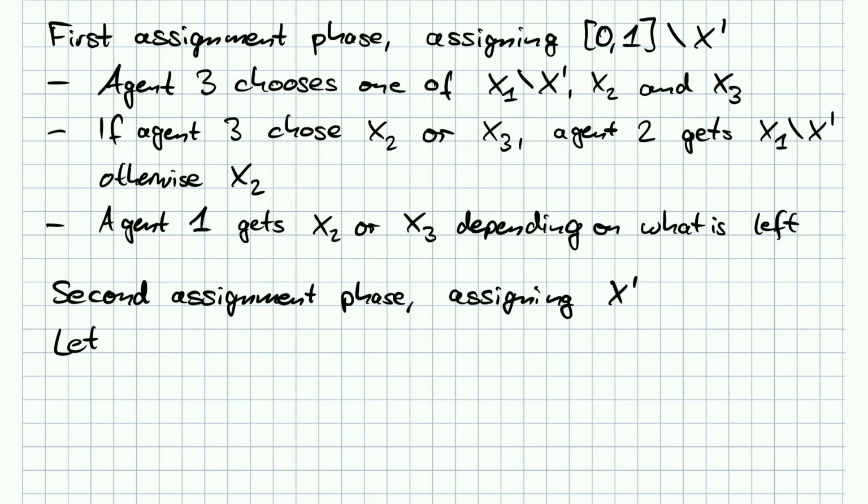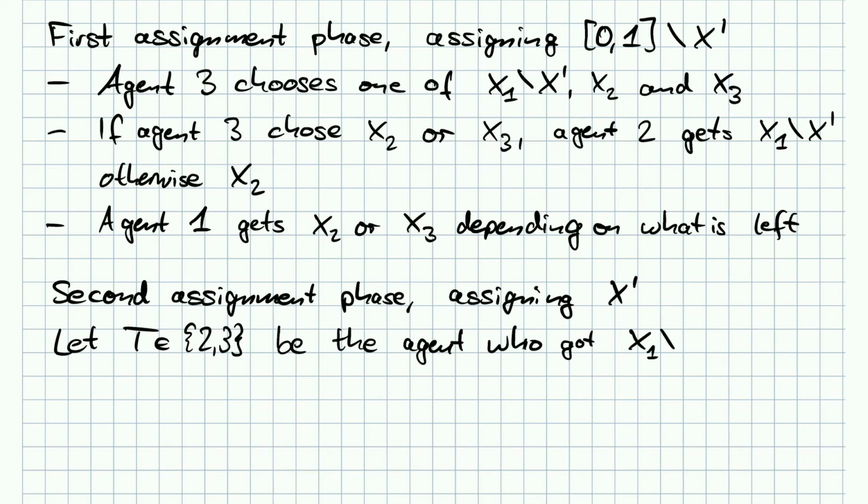And to write this, let capital T be the agent who got x1 take away x in the first round, and T bar we let them be the other one.